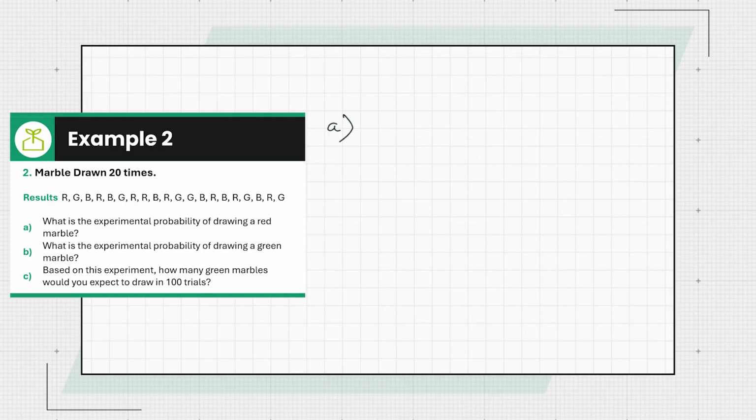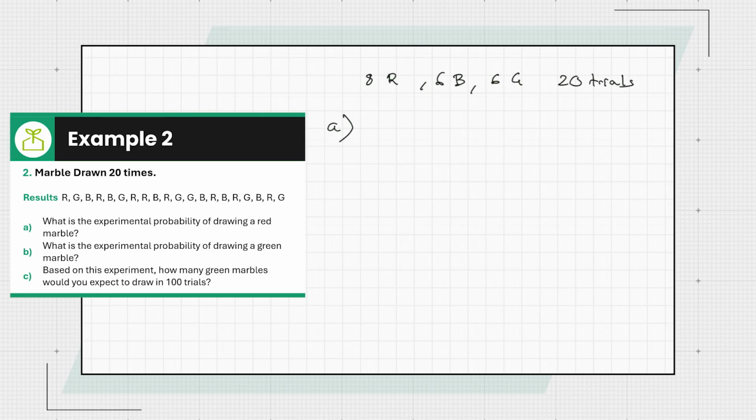So up the top, let's just put up how many reds we actually see. So if we count reds, we're going to get 8 red, and we have 6 blue, and we have 6 green. Okay, and we have a total of 20 trials.